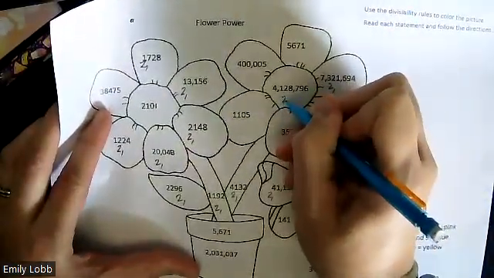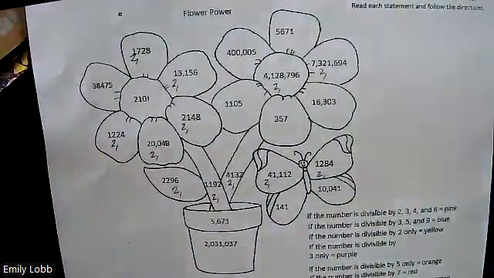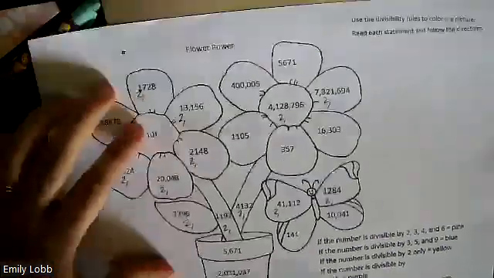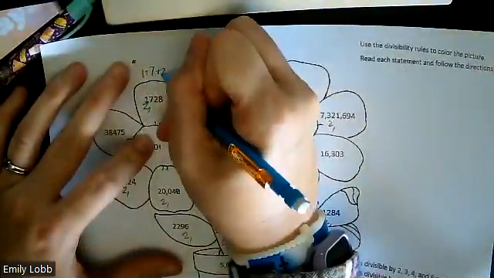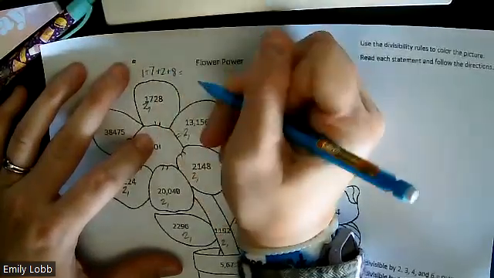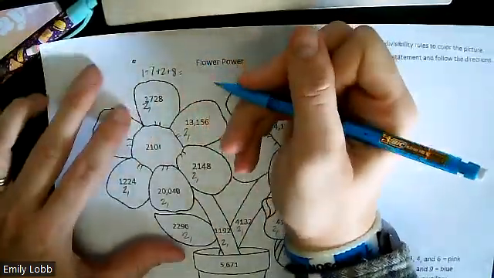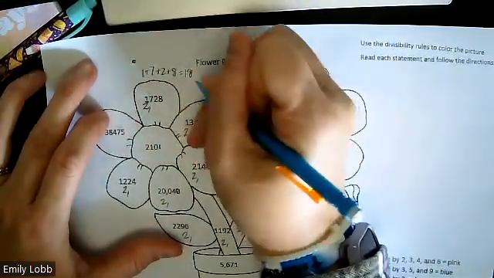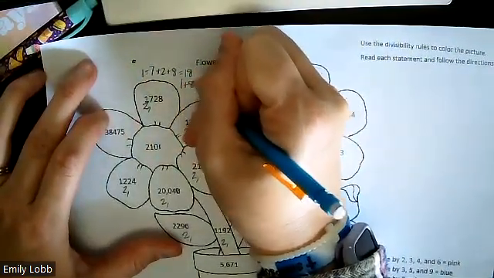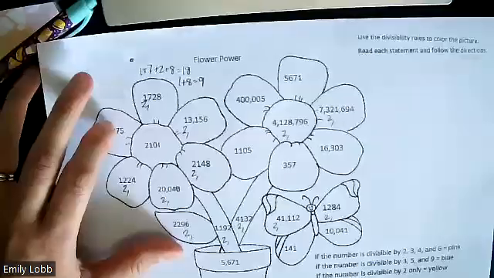Once you are done checking for 2s, I would move on to 3s. Should you probably show your work? Absolutely. This is 1 plus 7 plus 2 plus 8. This is 18, which is 1 plus 8, which equals 9.